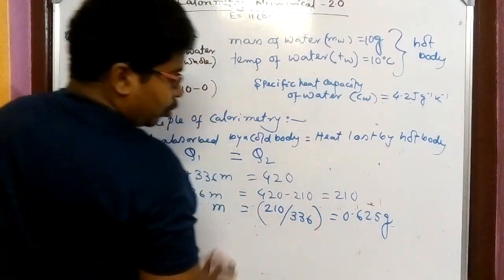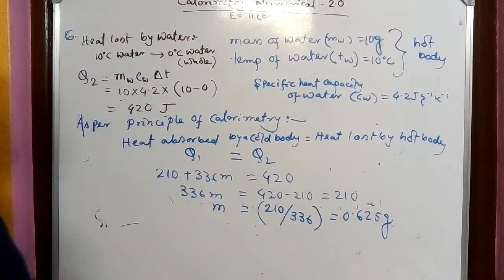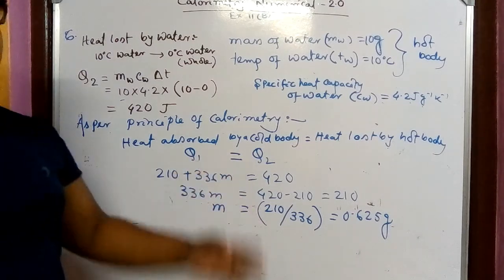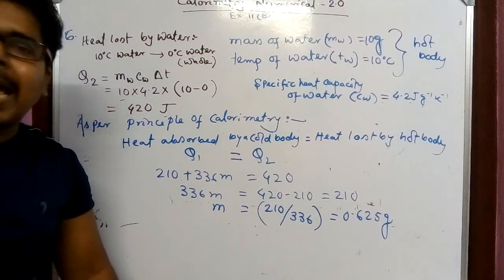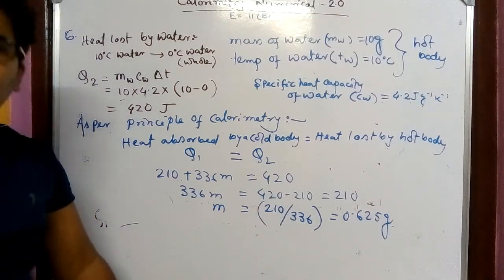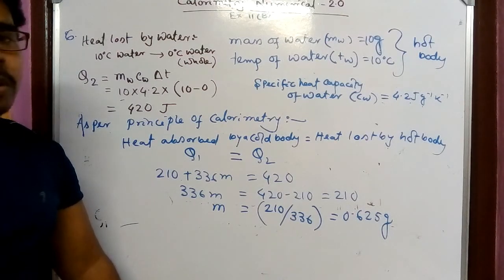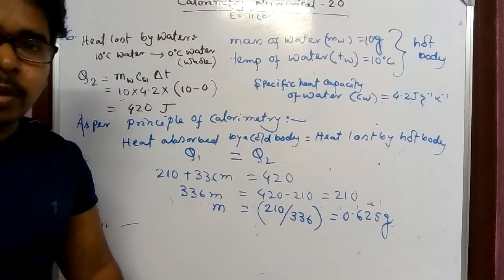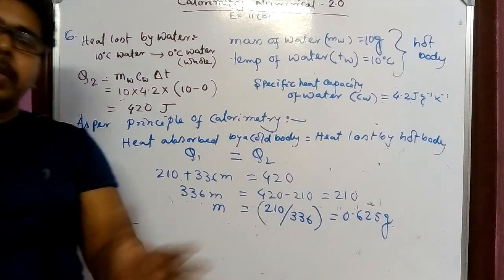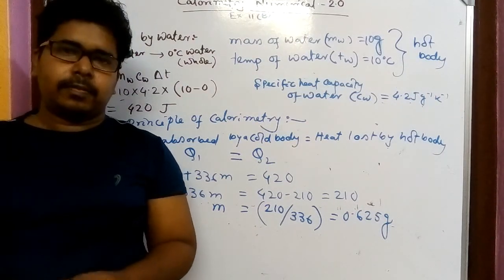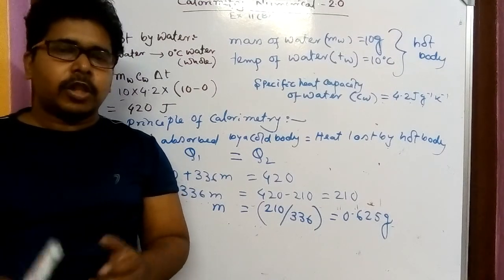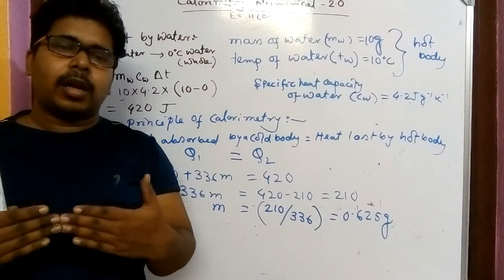Now, why I am telling this numerical is very typical. You can ask, sir, why do we have to take that the final temperature will be 0 degree? That is an assumption. By seeing the answer, we have to find the mass of the ice, not the final temperature. You might be thinking that when you are mixing, you will find the final temperature. No, the final temperature will reach only up to a limit. Up to how much?